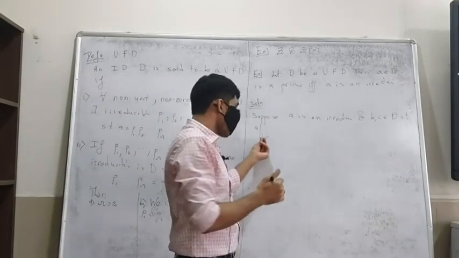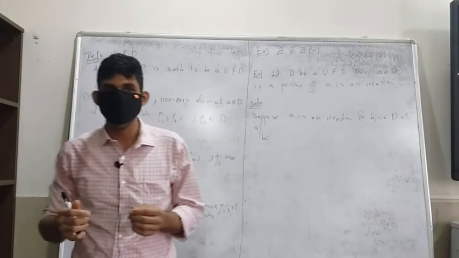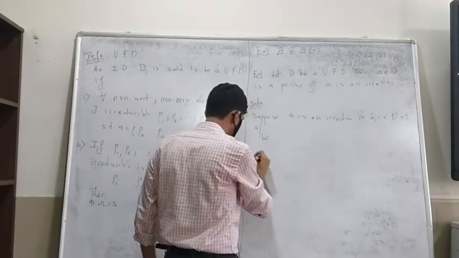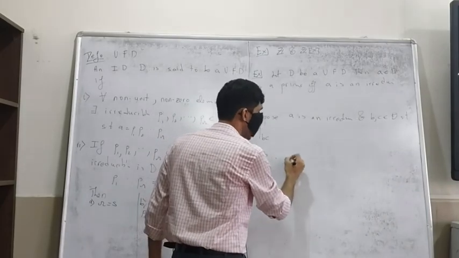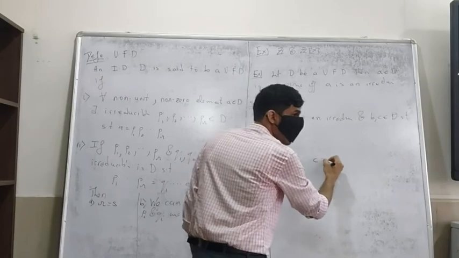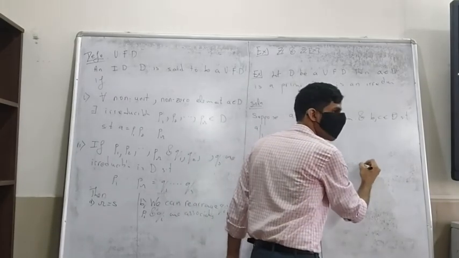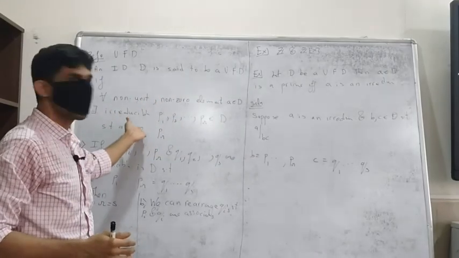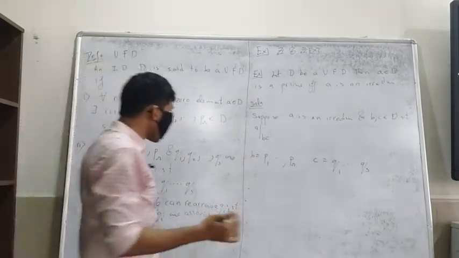We can simply break B into its prime factorization. We can write B as P1, P2 up to PR, and write C as Q1, Q2 up to QS, because we are in a UFD, so we can do that. Now what happens?